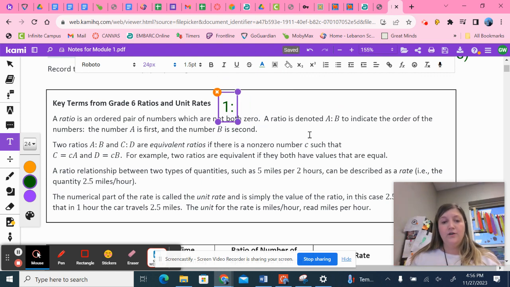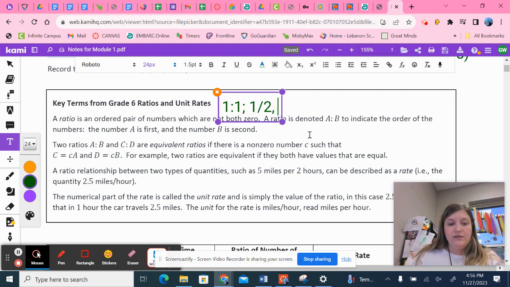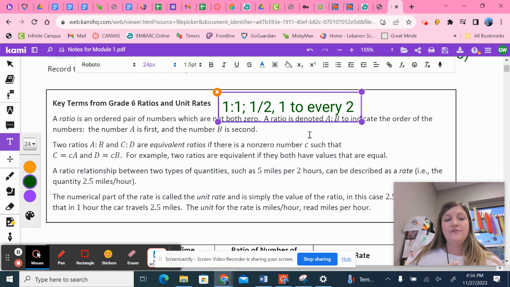That was a 1-to-1 or a 1-to-2 ratio. You can also represent them using fractions, such as 1/2. You can also say 1 to every 2. Those are all different ways to write a ratio.